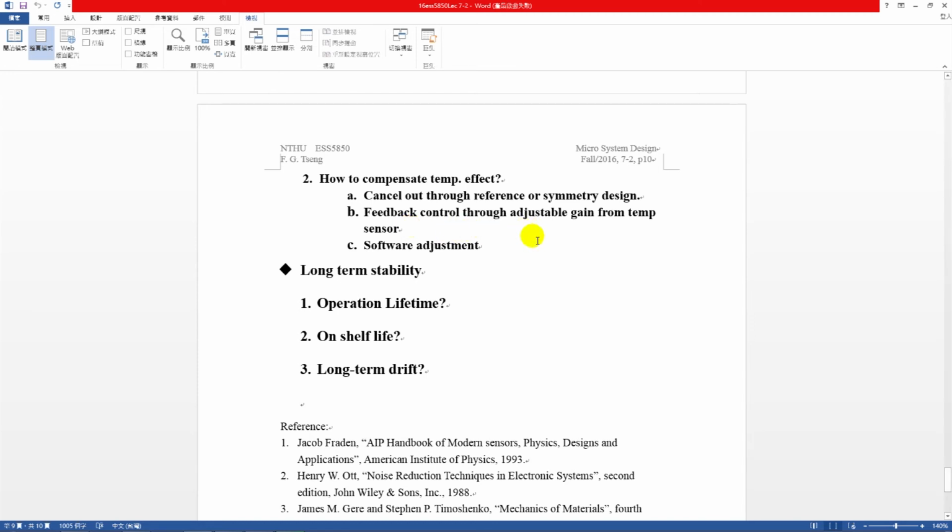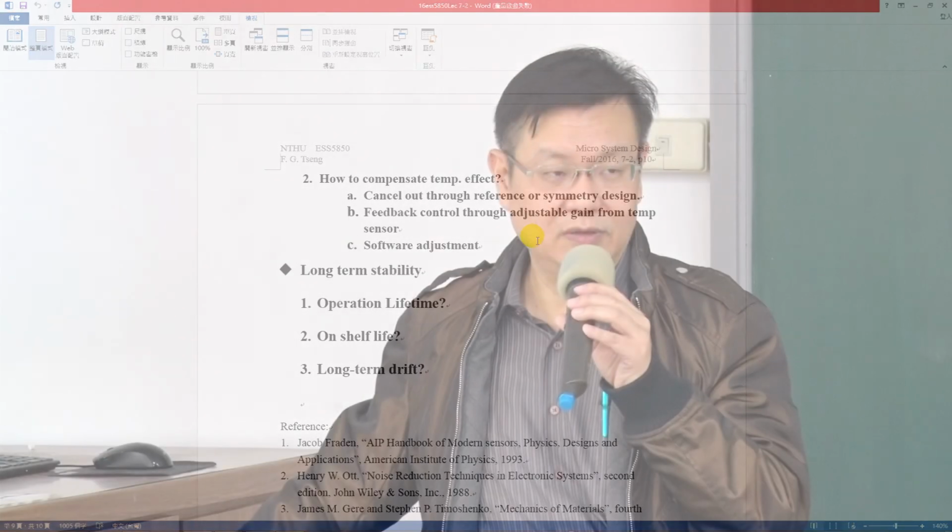Okay, so those important parameters we have described and also explained. In the future, maybe you need to consider another part of the sensor, including the long-term stability regarding the operation lifetime, shelf life, long-term drift, those kind of things, which may happen on the sensor. Because that depends on the materials. Some materials, they cannot be operated for a long time, and some cannot become stable for a long time.